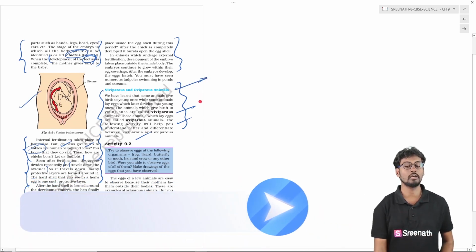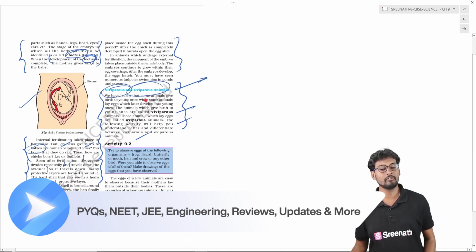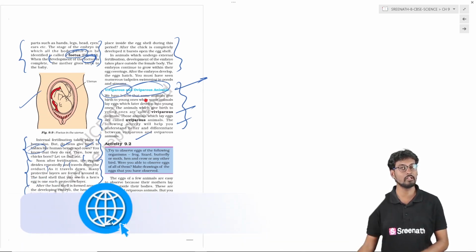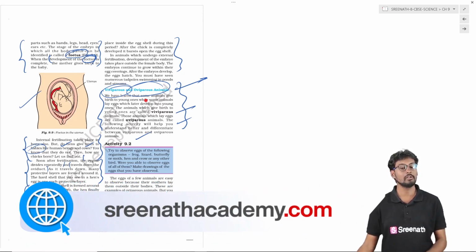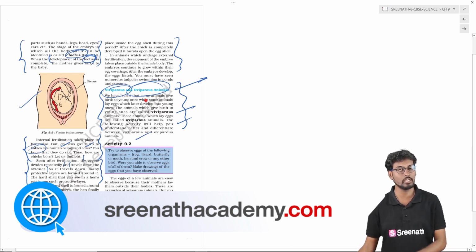So viviparous and oviparous are types of animals. What is the difference between viviparous and oviparous? Viviparous animals give birth to young ones directly. Oviparous animals lay fertilized eggs in a protective shell, and thereafter they undergo incubation, like birds and reptiles.